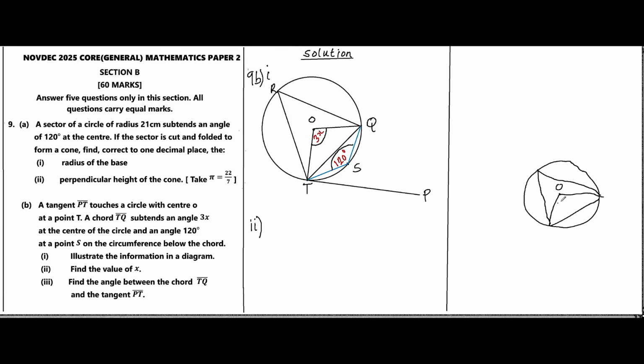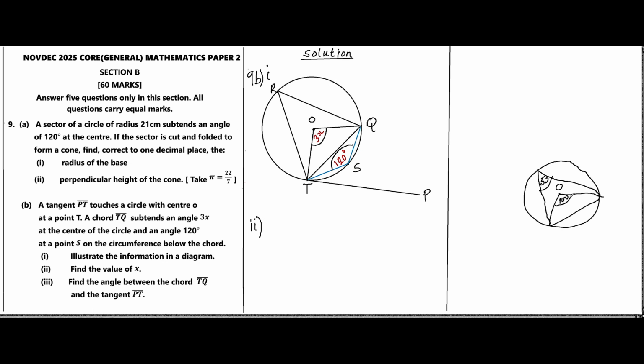So the angle at the center is bigger than the angle at the circumference. Note this. So if the angle at the center is, let's say, 100 degrees, then the angle at the circumference should be half of the center, that is 50. Because when you multiply 50 by 2, that will give you 100. So twice the angle at the circumference is the angle at the center.